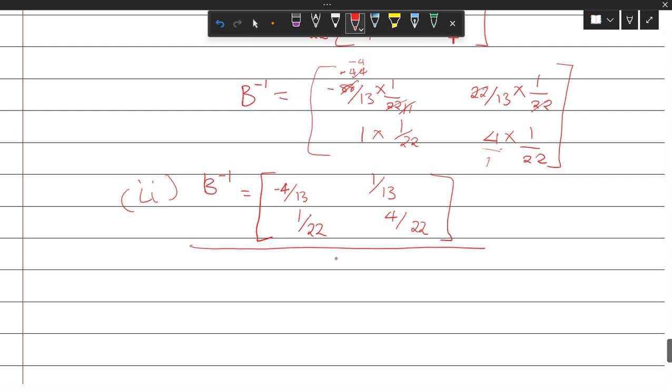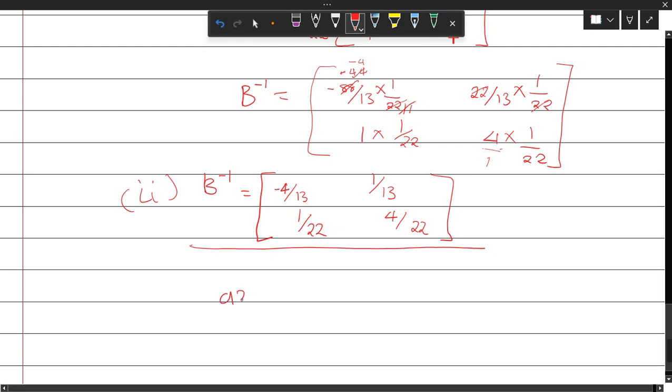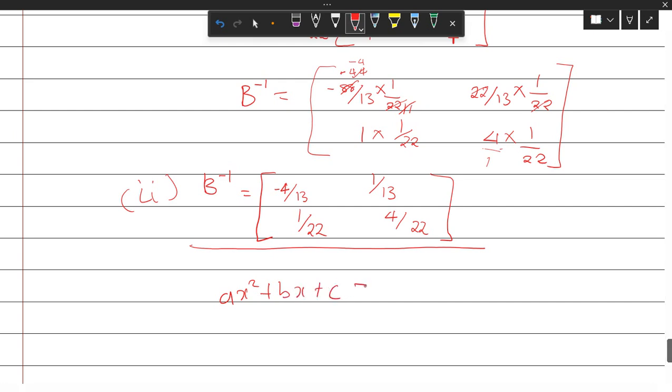So in this video, I've talked about how to apply the formula ax squared plus bx plus c equals 0, how to solve using the formula method. So the coefficient of x squared is a, the coefficient of x is b, and c is a constant.